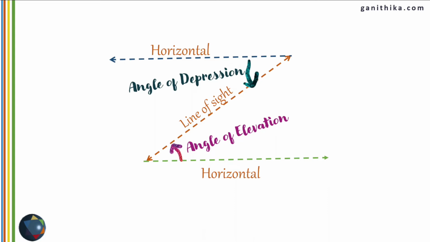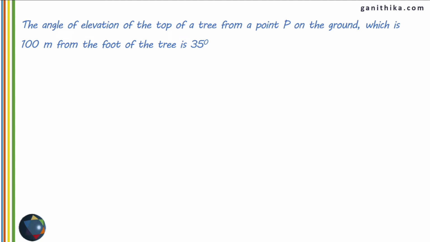These two angles make the interior angles between the two horizontal lines. Therefore, they are going to be equal to each other because the line of sight is between the same two people.